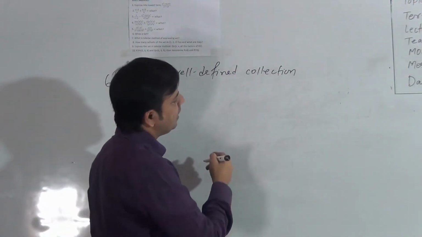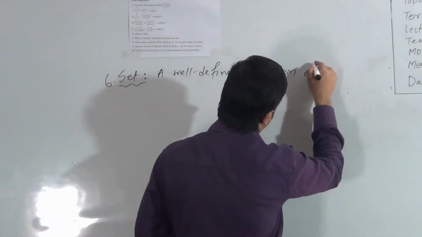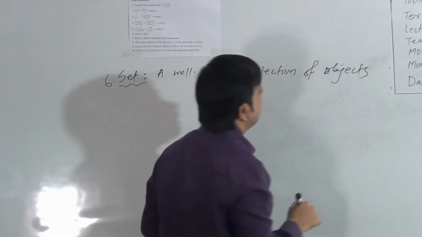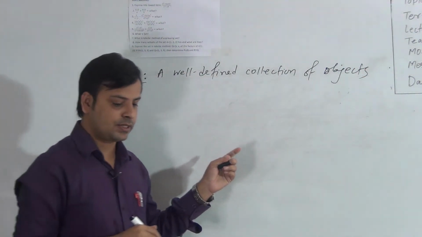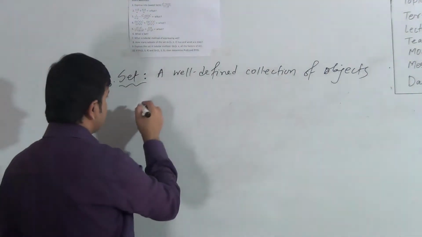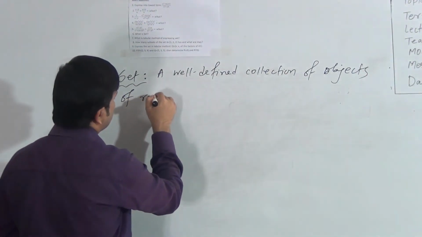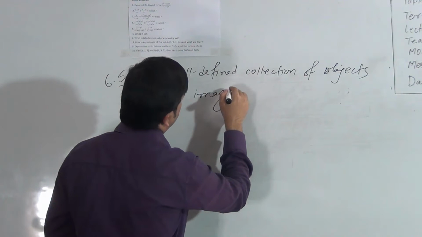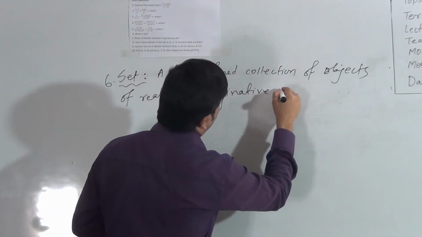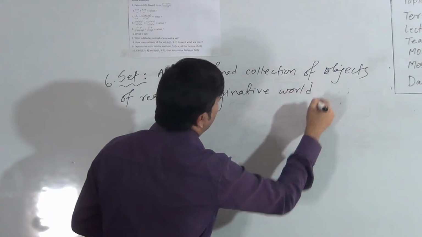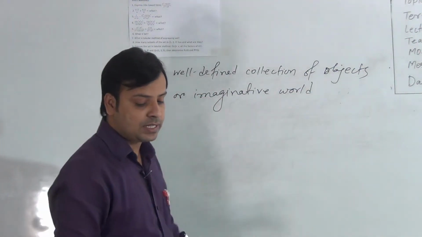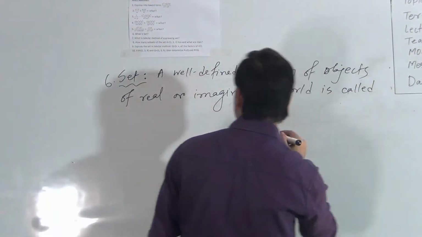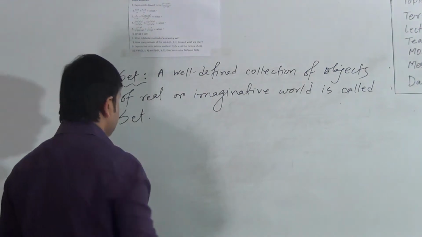A well-defined collection of objects of real or imaginative world is called set. This is the definition of set.